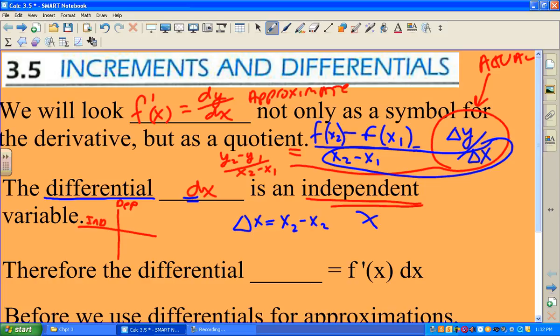Very closely related. You're right, but one of them's using 2 points, the other one's using 1 point. Is that supposed to be x2 minus x1? Yeah. So one's using 2 points, one using 1 point. One is an approximation, and the other one is an exact value.